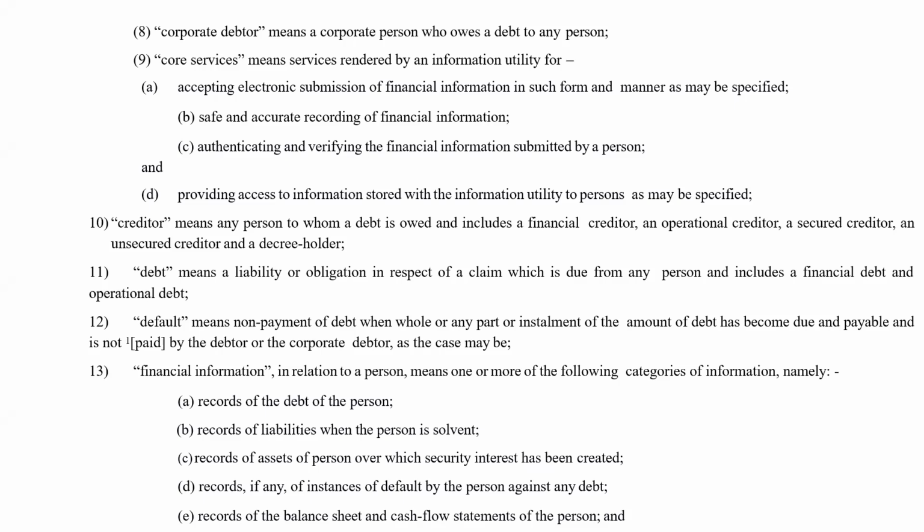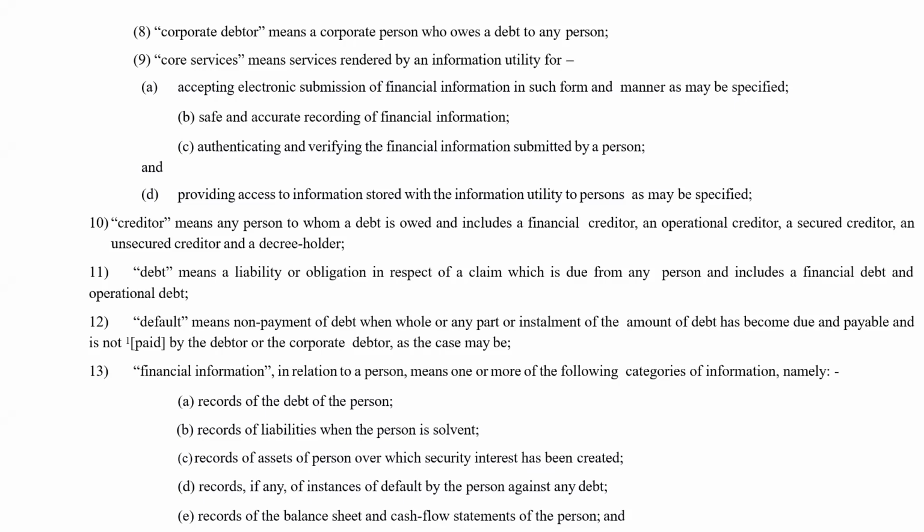So there could be a scenario where an amount is due and there could be a scenario when the amount is not presently due. If the amount is due, then it is covered under debt. If the amount is not due, although there is a right to payment, that will be covered under claim. And default will be only in those cases when there is a non-payment of debt, when whole or any part or installment of the amount of debt has become due and payable. Let us understand it by way of an example.